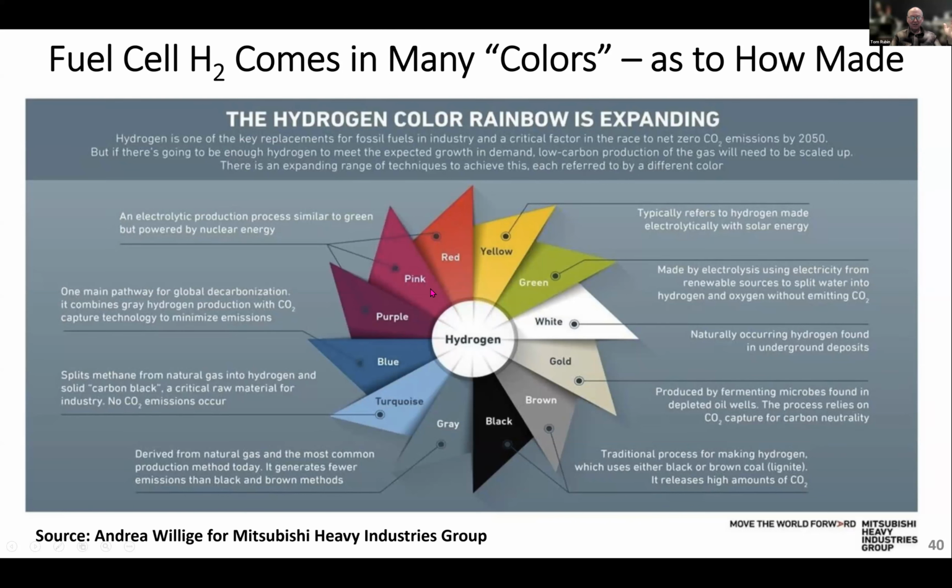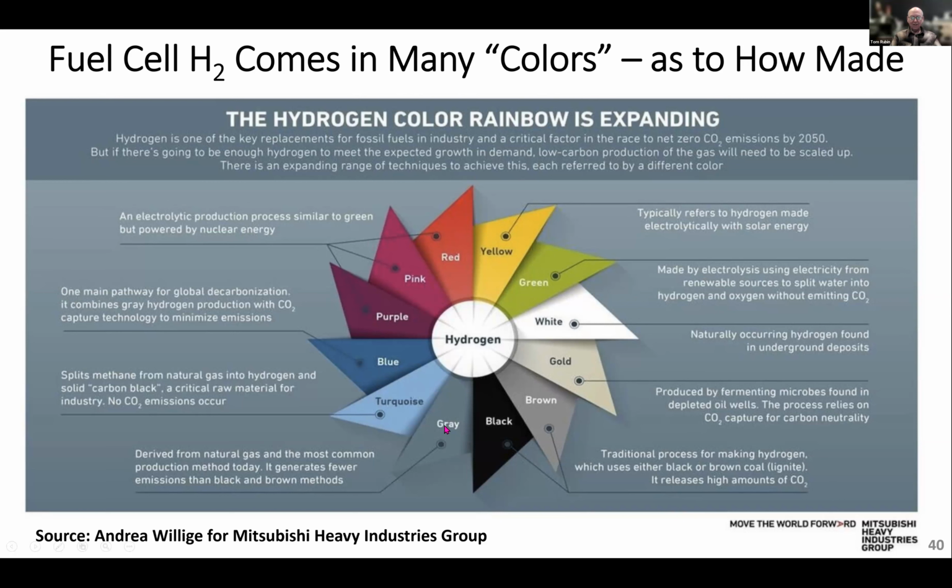You have all of these different technologies, and I'm going to go over these. But the purest one is green, which means we're going to set up most typically solar or wind to split water into hydrogen and water. So the only outputs are hydrogen and water. The oxygen goes back in the air. We capture the H2 and we use that as fuel. No greenhouse gas emissions if you do it.